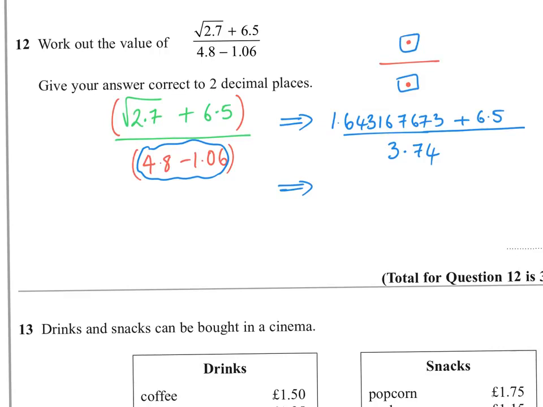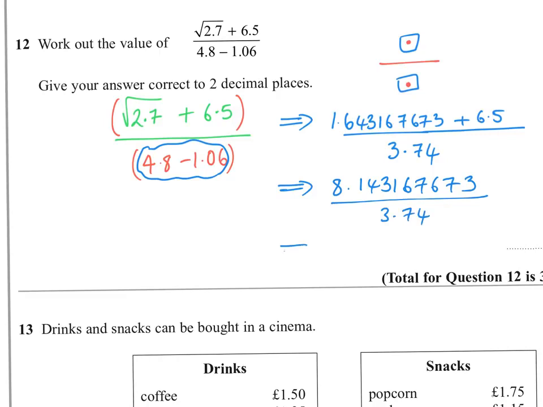So I'm going to have 1.643167673 plus 6.5, which is 8.143167673, and then I'm going to divide that at the very end by 3.74.